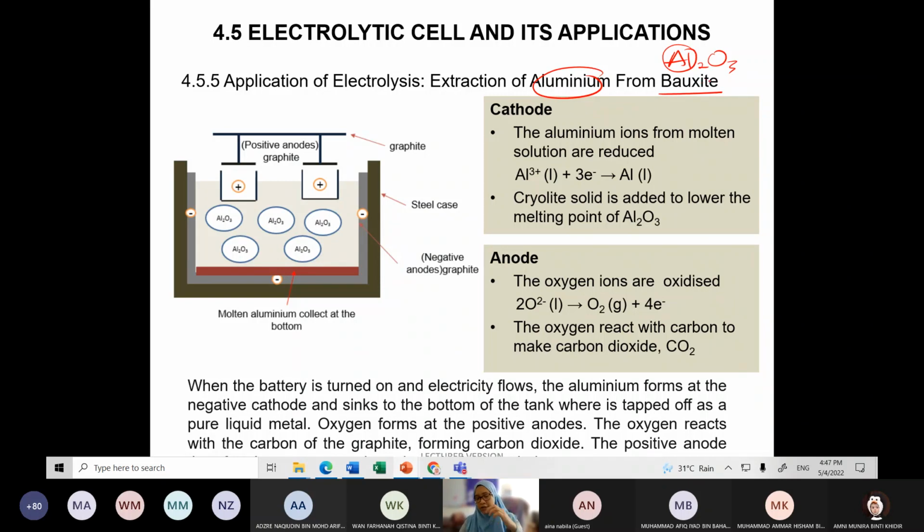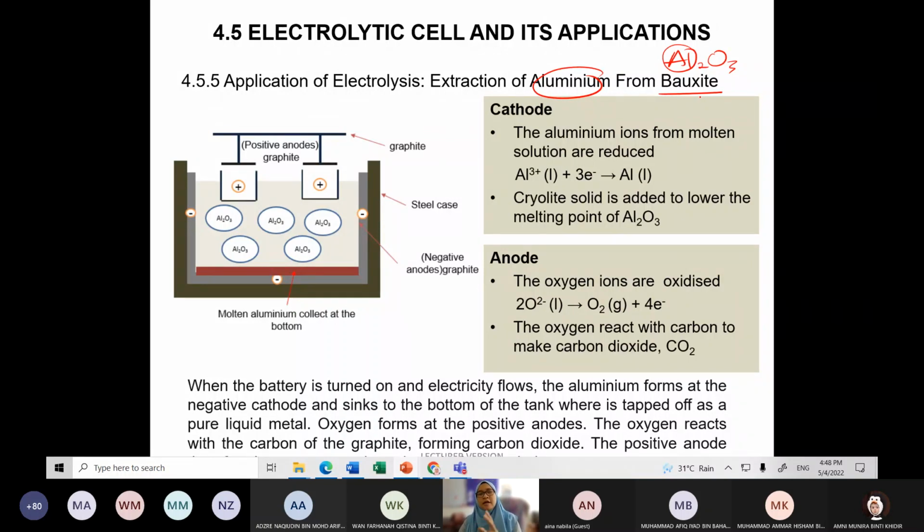So how does industry perform this aluminium extraction? Aluminium is actually one of the most abundant metals in the world. However, the price, or the cost, of aluminium is very expensive. Why is that? If it is the most abundant, it should be cheap.